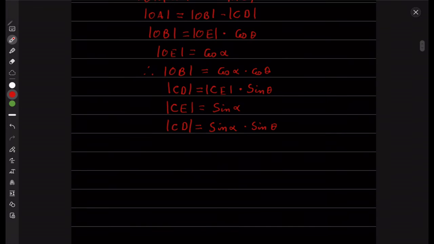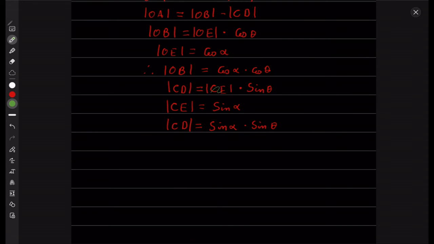Here we established that OB is equal to cos alpha cos theta, and CD is equal to sine alpha sine theta.